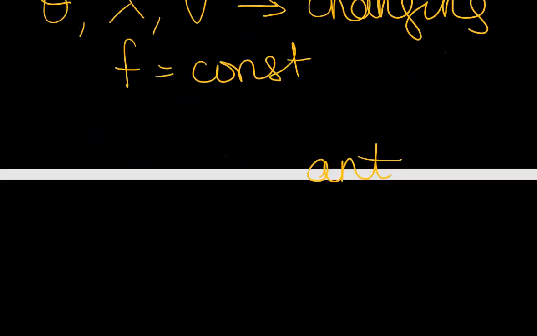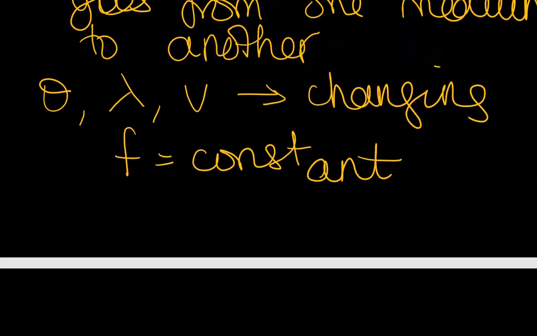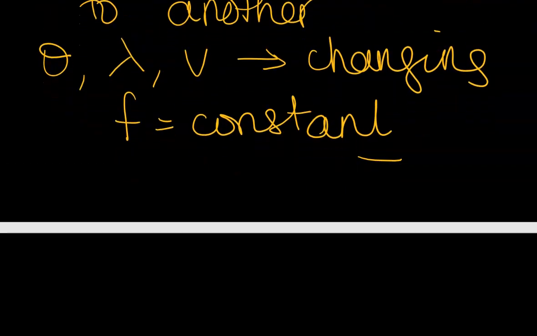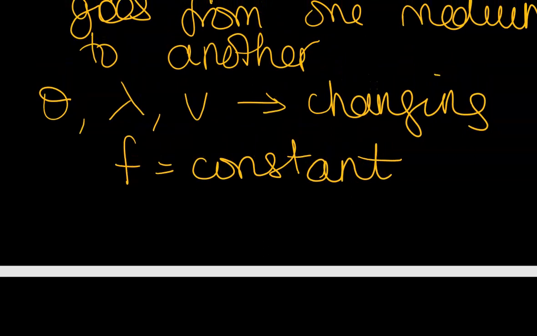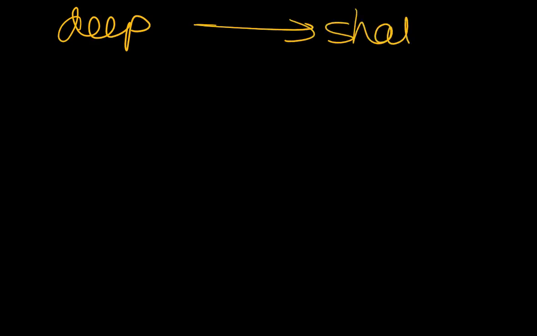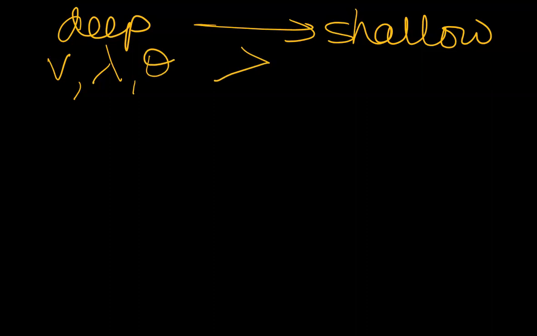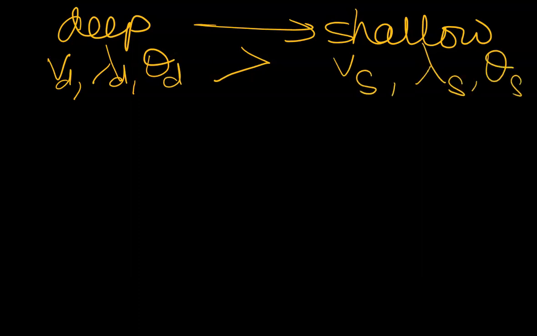And many times we look in water waves as a wave going from a deep to a shallow region. And in the deep to shallow, it's two different media. So the speed in the deep, the wavelength in the deep, and the angle in the deep is greater than the speed in the shallow, the wavelength in the shallow, and the angle in the shallow.